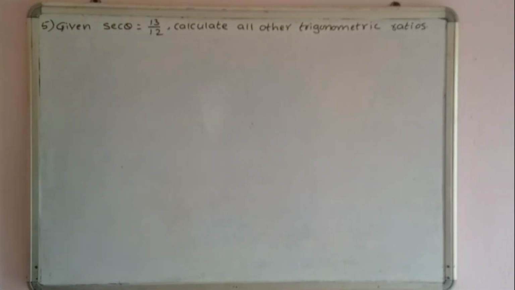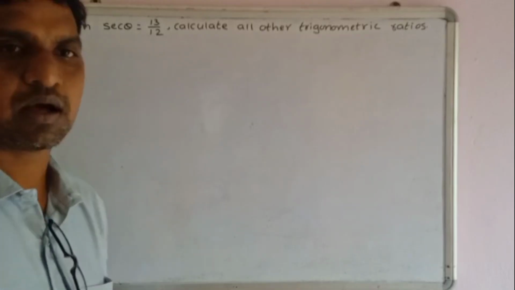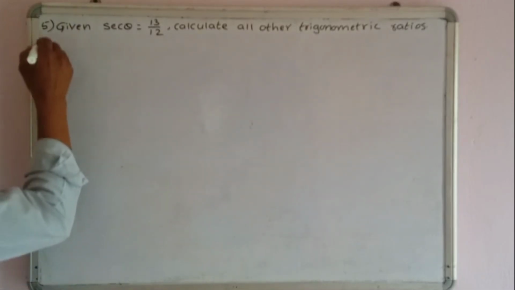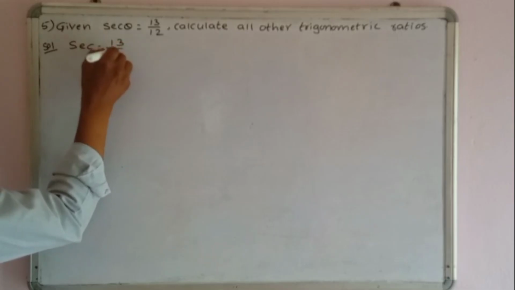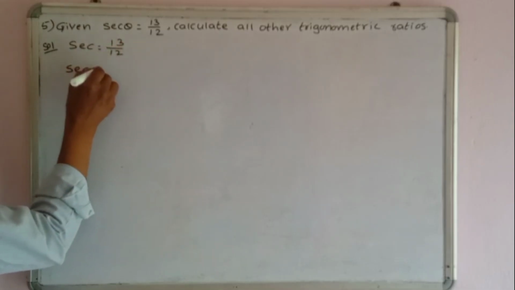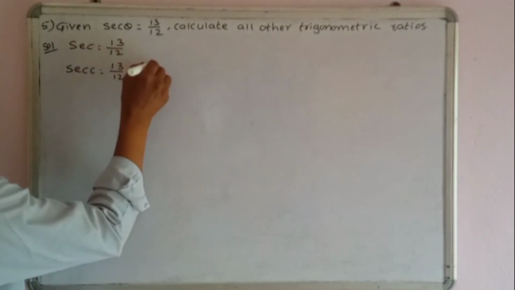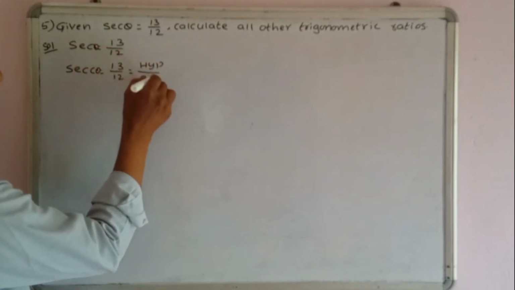Problem 5. Given secant theta equals 13 by 12, calculate all other trigonometric ratios. Okay, secant theta equals 13 by 12. See the solution. Secant means what? Hypotenuse by side adjacent to theta.